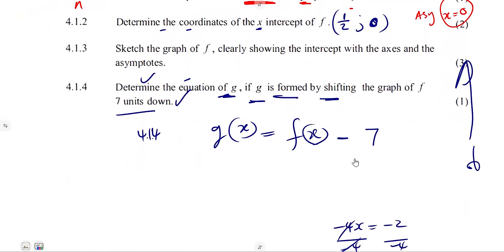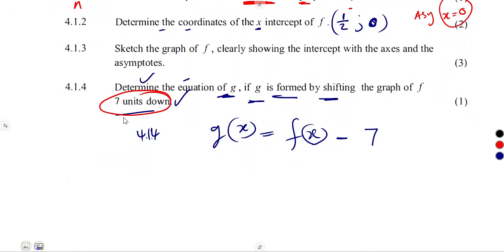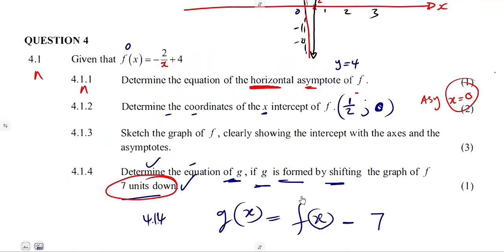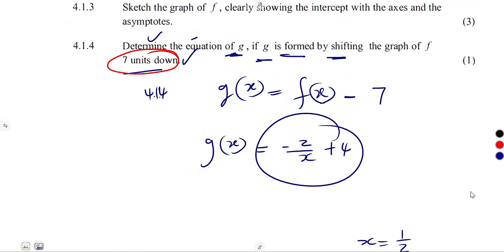You add to the original function or subtract from the original function the units that you are given. So we are given this statement and they are saying find g of x. What is our f of x? We take our f of x as it was given there: minus 2 over x plus 4. This is our whole f of x.